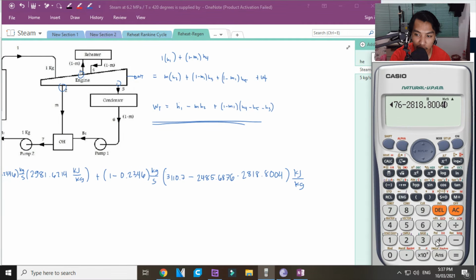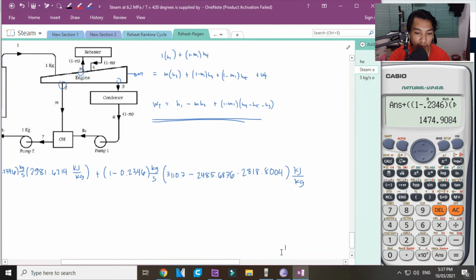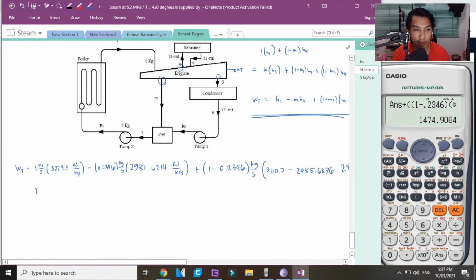Huwag sana mag-negative. O yun, sakto. 1474.9084 kilowatts. That is the work of the turbine.